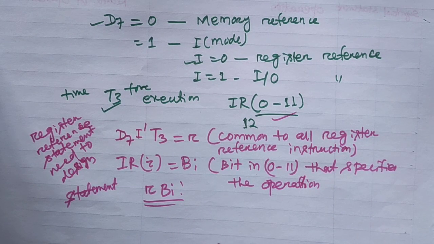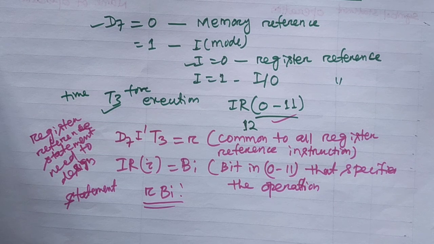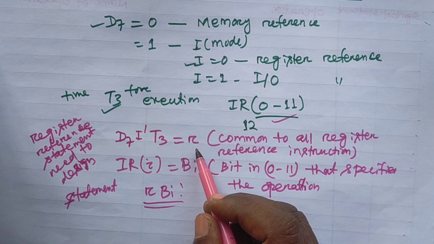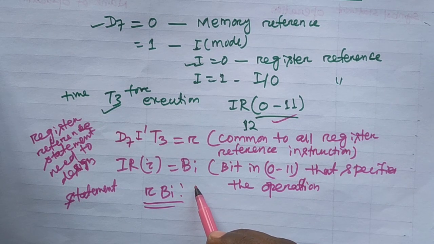Now through this statement we will see how different operations are defined, that is, how a register reference operation is defined. Before defining any operation, let me repeat very simply: first of all, we consider all register reference instructions by R, and the different operations through B_I. The combination of R and B_I makes the different register reference statements.